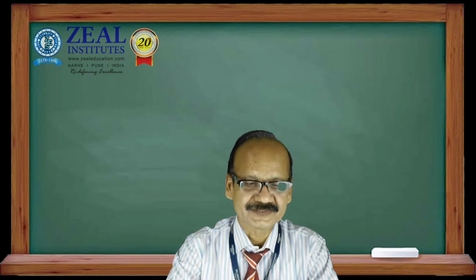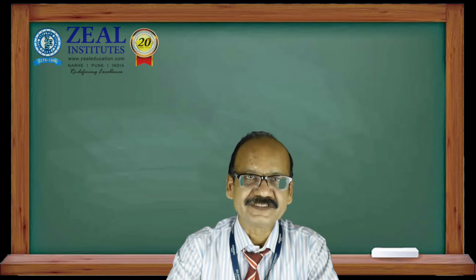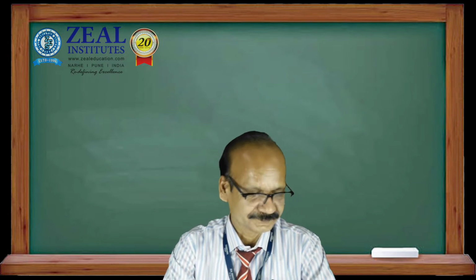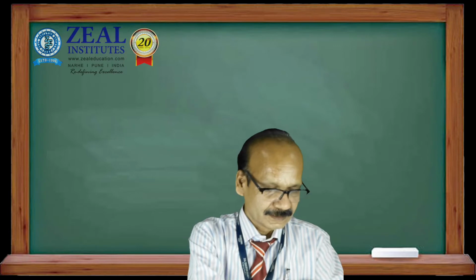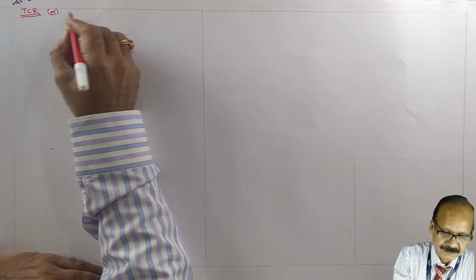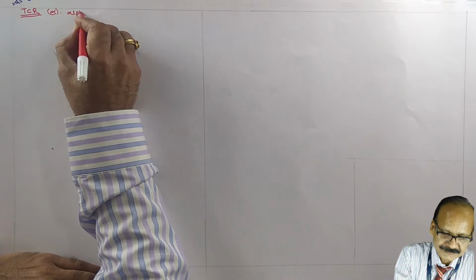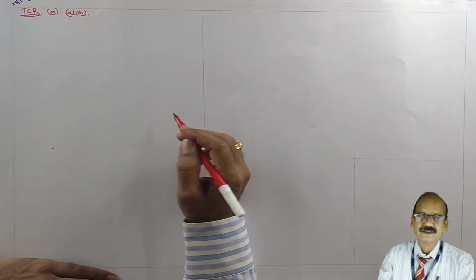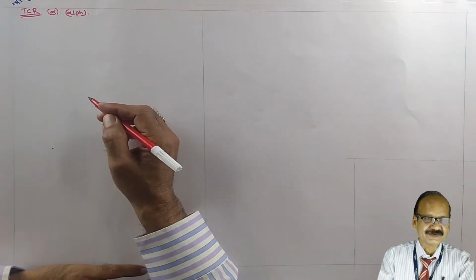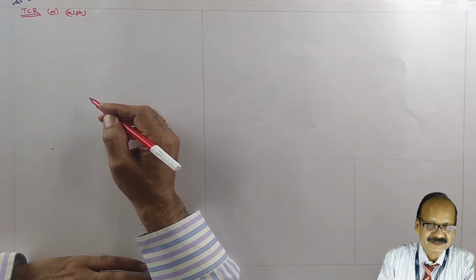In this video lecture, we are going to learn the temperature coefficient of resistance, denoted by alpha. Consider a metallic conductor and let it be heated to a certain degree Celsius.